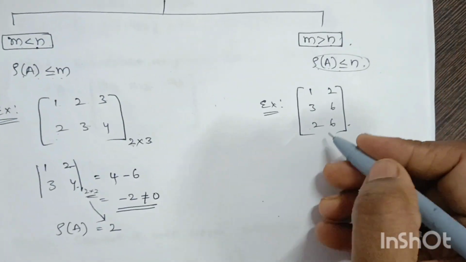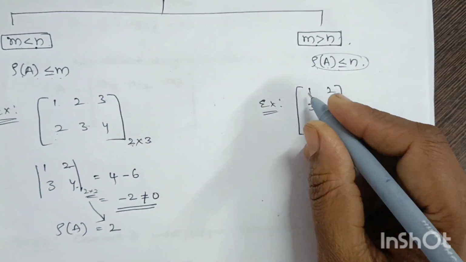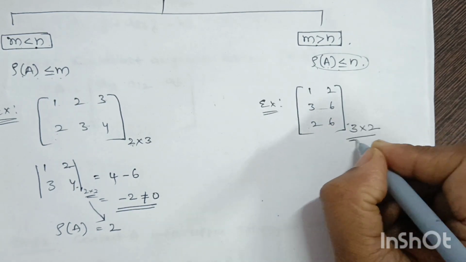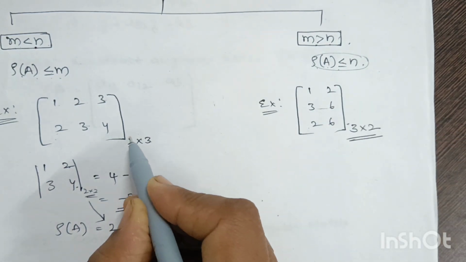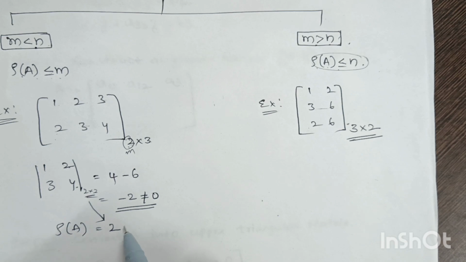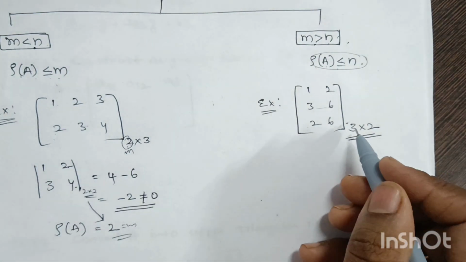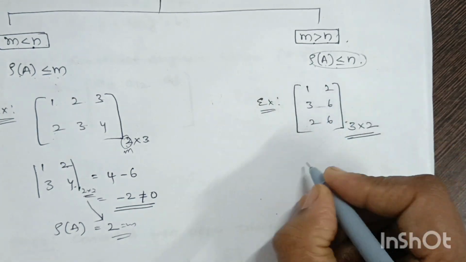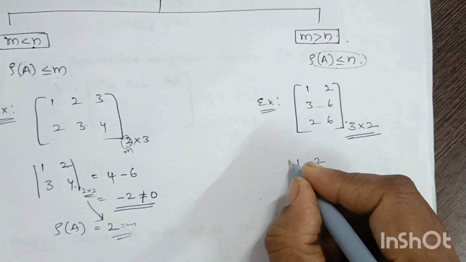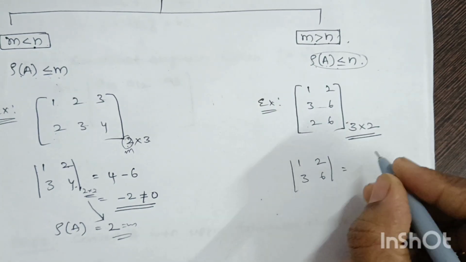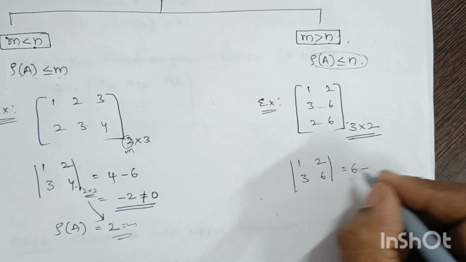And for this one, the number of rows is 3 and the number of columns is 2, so it is a 3 by 2 matrix. If we observe here, the n value is smaller, so the rank is less than or equal to n. Here also I am taking one minor: 1 2, 3 6. The determinant is 1 into 6, 6, minus 2 into 3, 6.